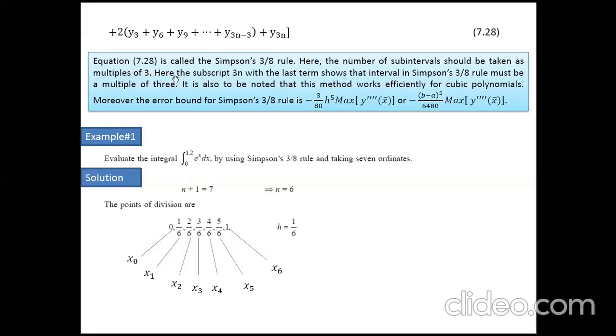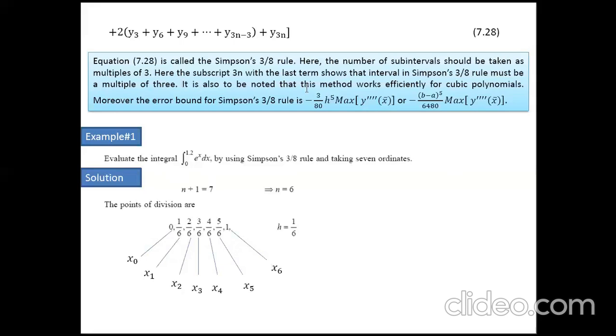Again, here the subscript 3n, you can see the last term has a subscript 3n rather than n. What does it mean? The subscript 3n with the last term shows that the number of intervals in Simpson's 3 by 8 rule must be a multiple of 3.